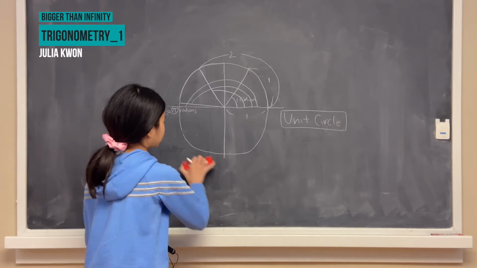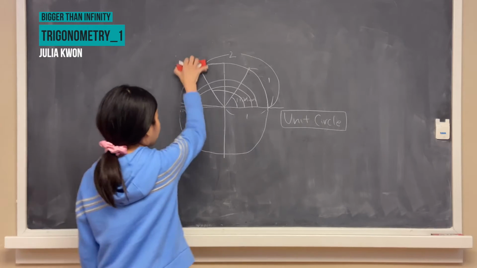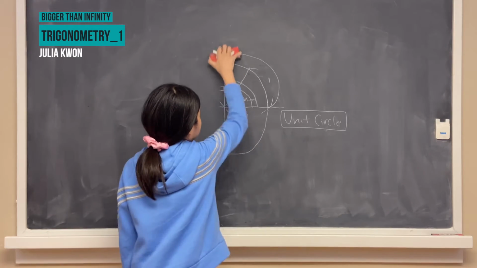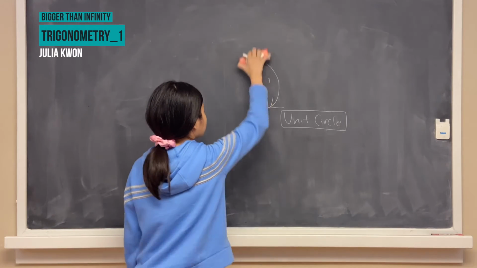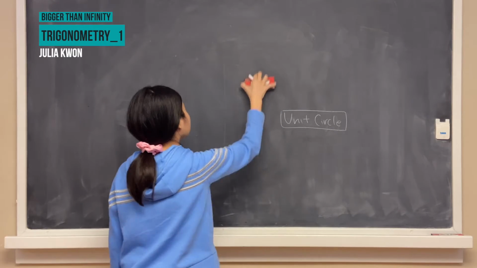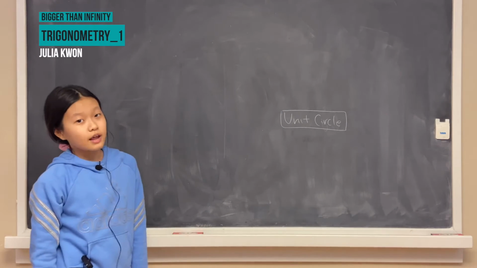Now I would like to draw another unit circle to explain to you guys how you can memorize the radians in a unit circle.